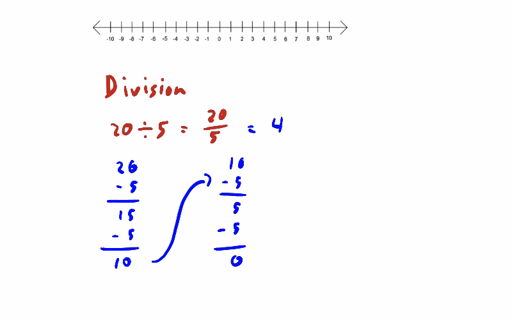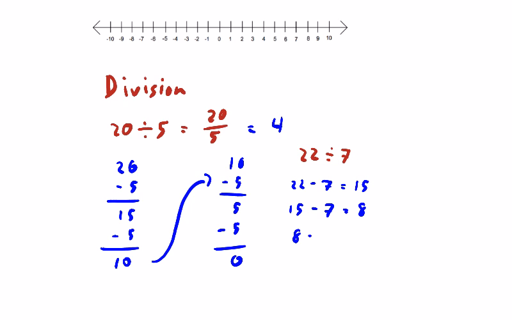So if instead I had taken, let's say, the number 22 divided by 7, it wouldn't work so nicely. I would start with 22 minus 7 once, and I would get, let's see, better check my math here, I would get 15. Then if I take 15 minus 7, I will end up with 8.